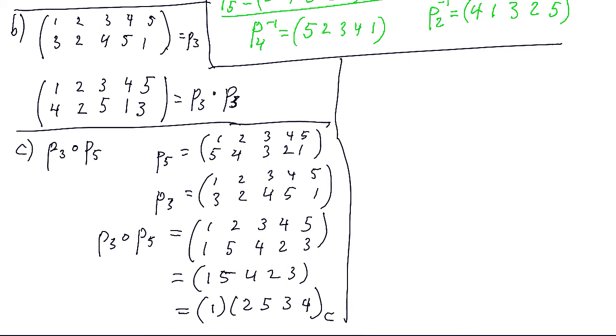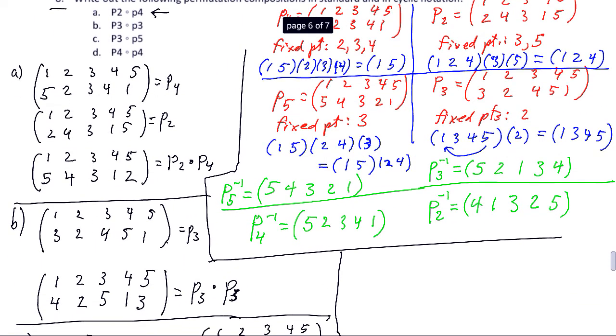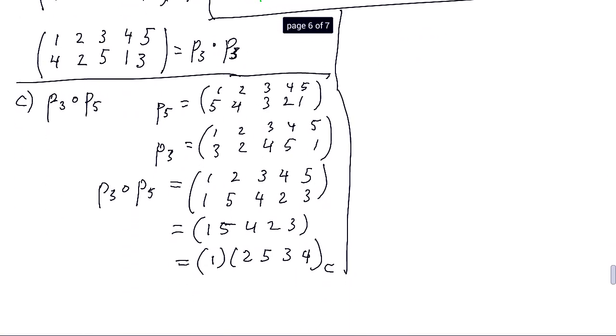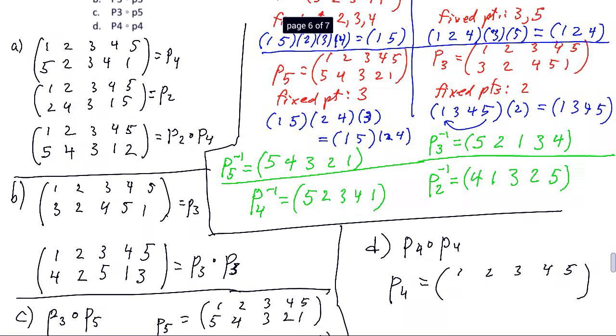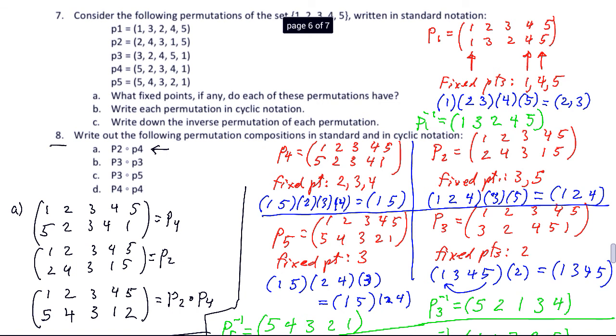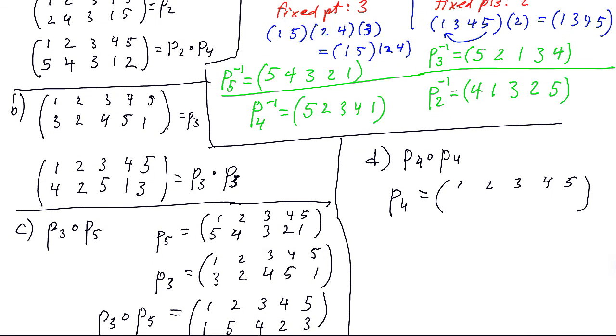Okay, let's finish this up. Part D is P4 composed with P4. So P4 is 1, 2, 3, 4, 5. P4 is the pattern 5, 2, 3, 4, 1.